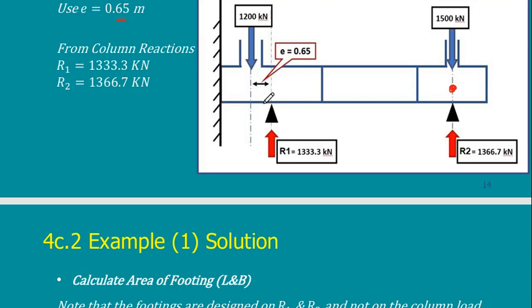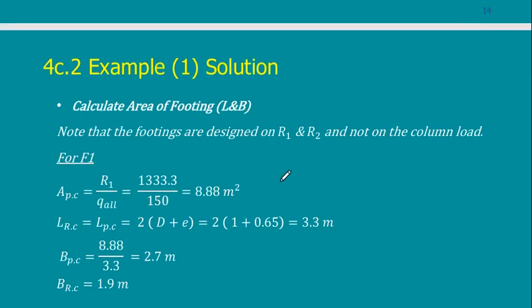It means that from the neighbor to the imaginary column, I have 1.65. This is the midpoint of the footing. If I multiply it by 2, I get the full width of the footing or the full length of the footing, depending on the dimension. So it is 1 plus 0.65 multiplied by 2. So this is the length of my footing.